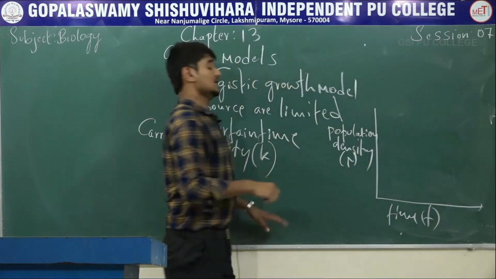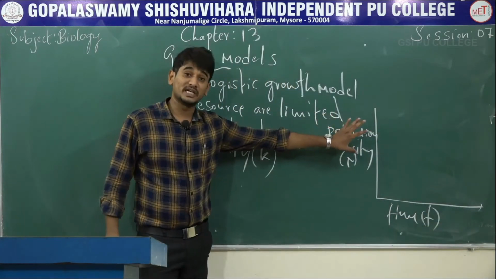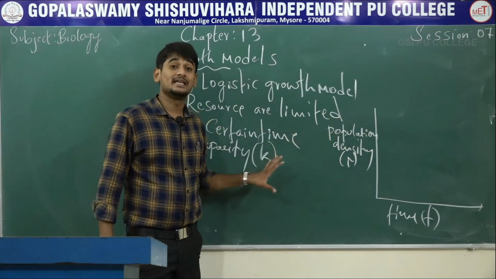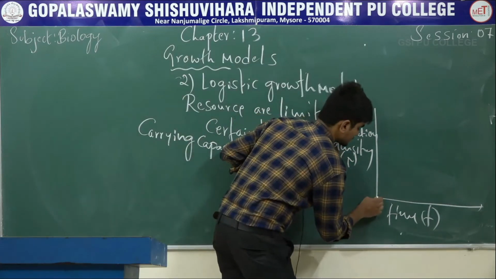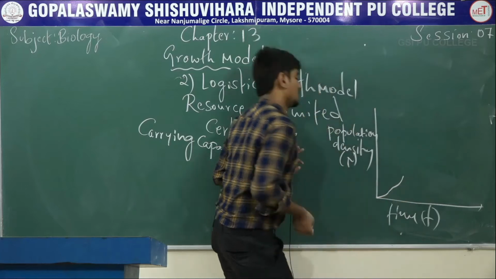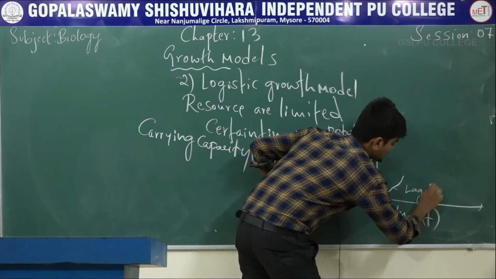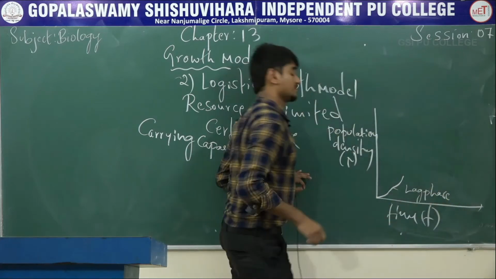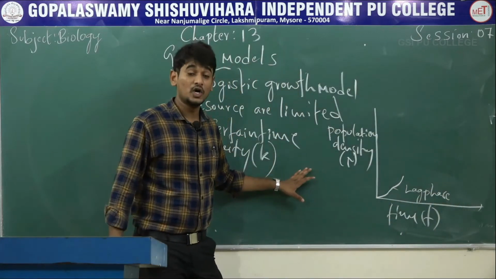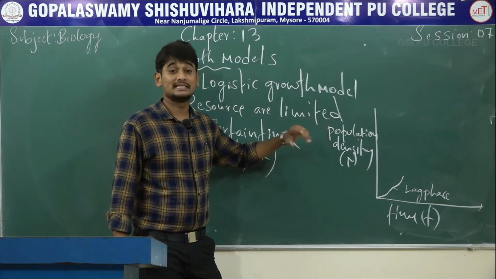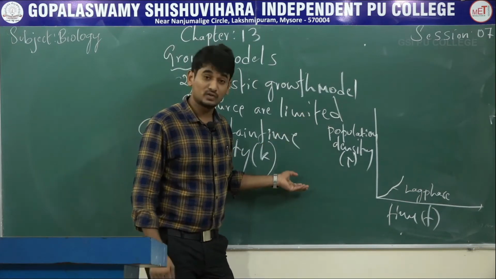When a population in a habitat has limited resources, it initially shows a lag phase. In the lag phase, the growth is very slow because the organisms have to adapt to the environment.